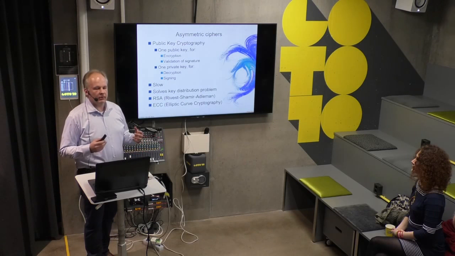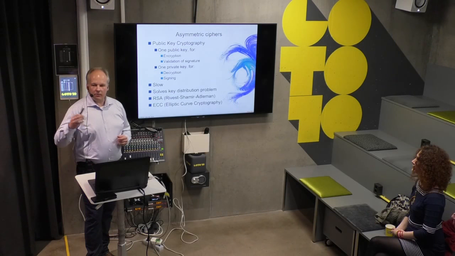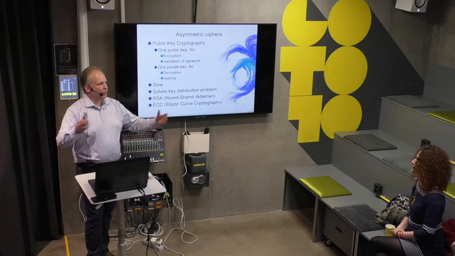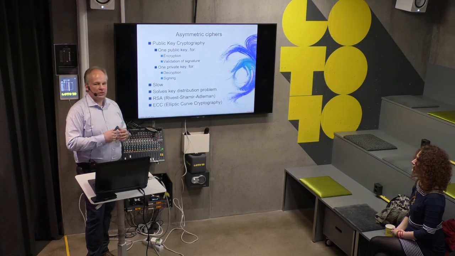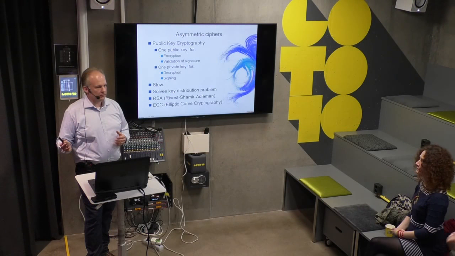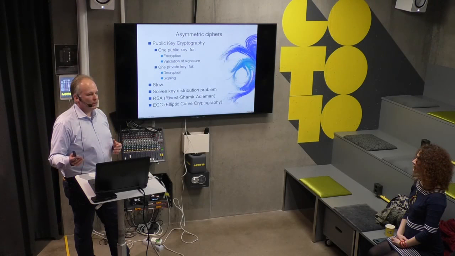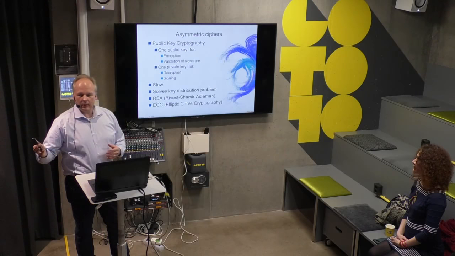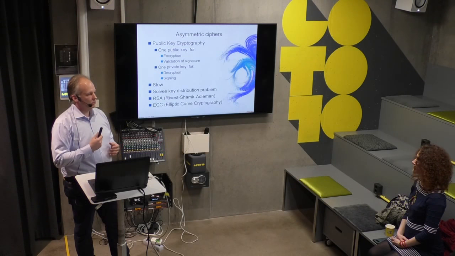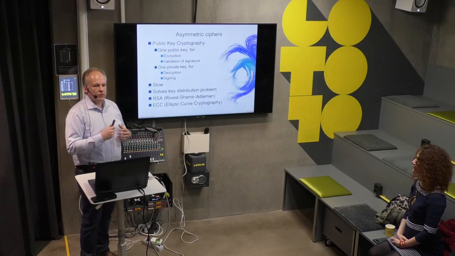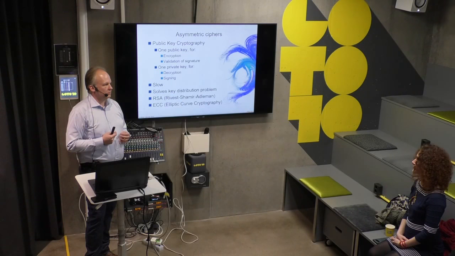These are all examples of asymmetrical ciphers, where you have a public key which you can distribute to anyone, and a private key that only you have, and you never have to distribute it. Since you can send the public key to anyone, anyone can use it to encrypt something to you. And only you with the private key are able to decrypt this value.